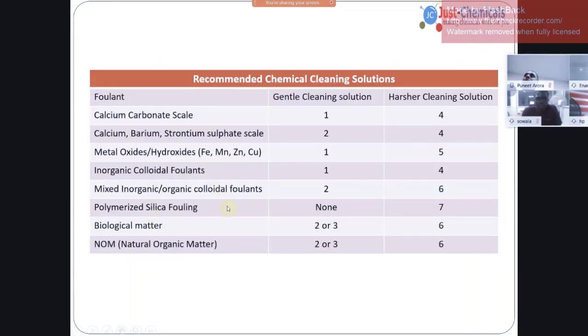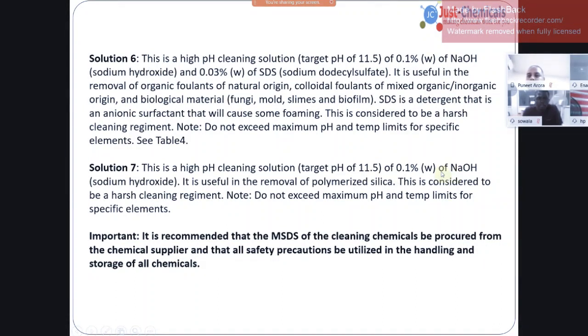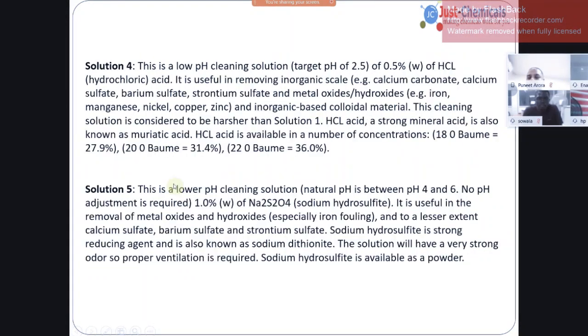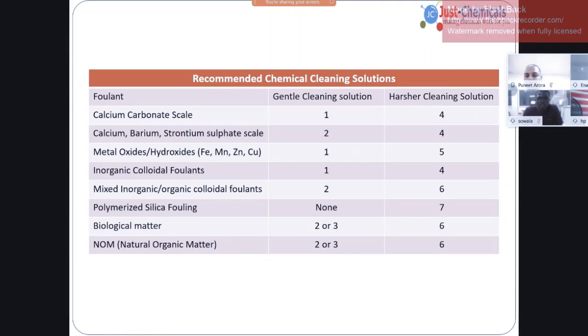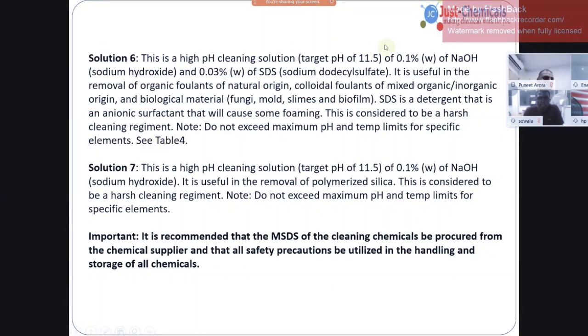For the polymeric silica fouling, the harsher one is 7th, and 7th is pH of 11.5, because at 11.5 silica gets solubilized with 1% of NaOH sodium hydroxide solution. And the harsher cleaning for biological matter and NOMs is solution 6, which is 0.1% of NaOH and 0.03% of sodium dodecyl sulfate.